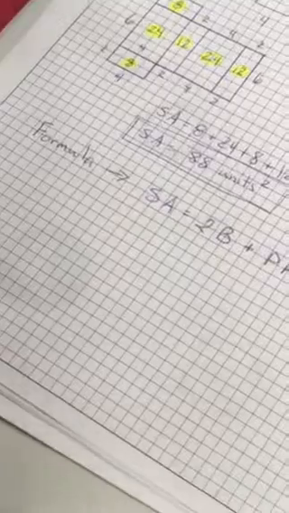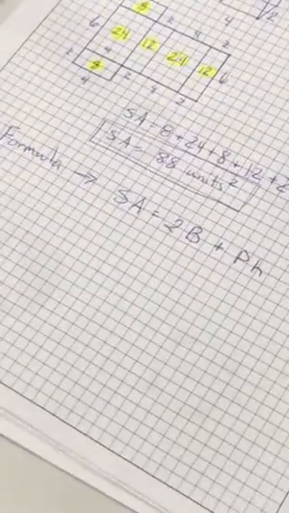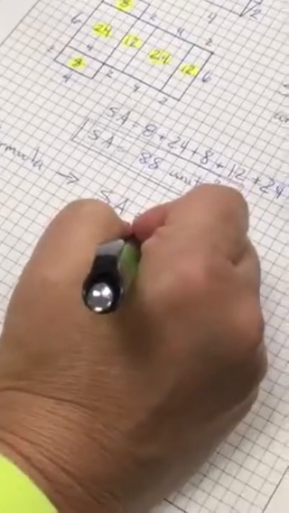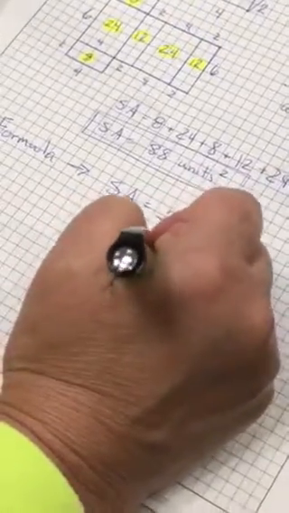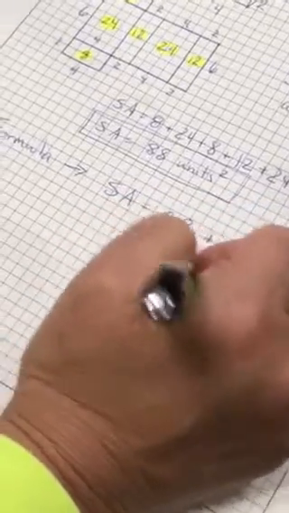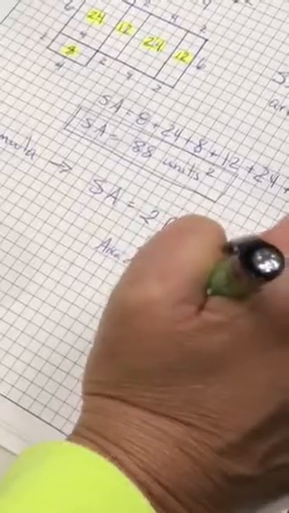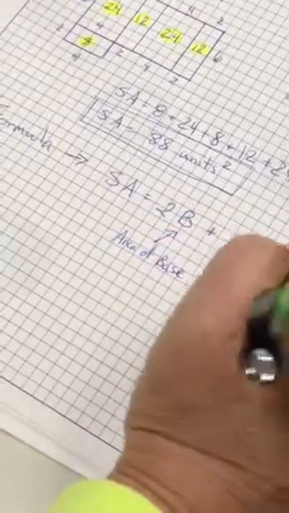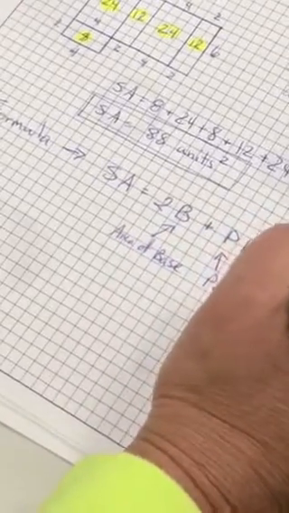Okay, so once you have the formula written down, let's add a few definitions there. So the B is the area of the base. The capital P is the perimeter of the shape of that base. And the H is the height.